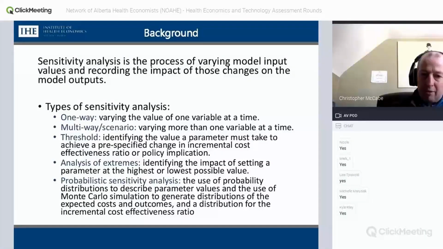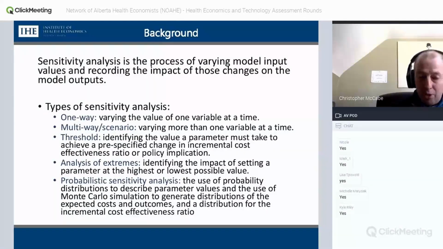So trying to find the point at which maybe the price, at what point will the change in the price lead to you saying something that in the central reference case analysis is deemed not cost effective becomes cost effective, and vice versa.